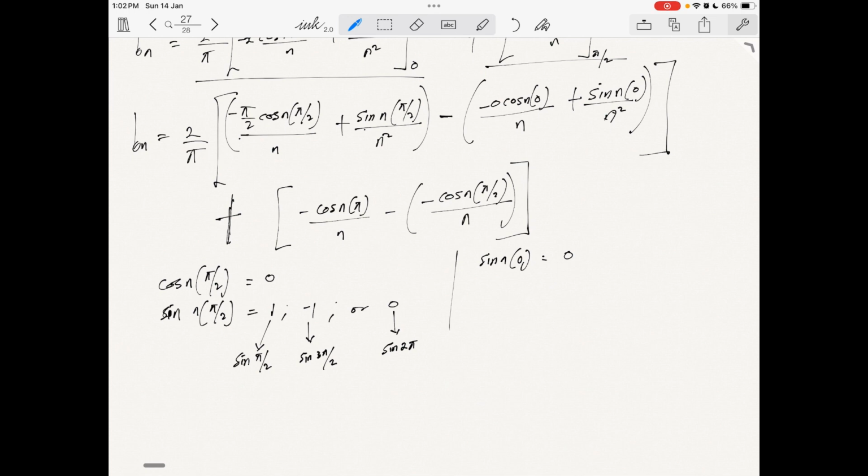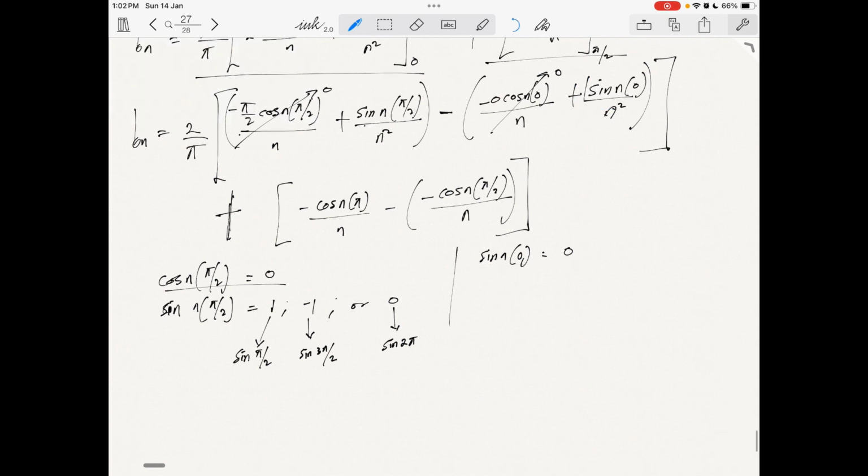So with this, quite a number of things can be cancelled out. This contains cos n pi over 2, which is 0. This term is multiplied by 0, which turns to 0. This is sine n of 0, and sine n of 0 is 0.